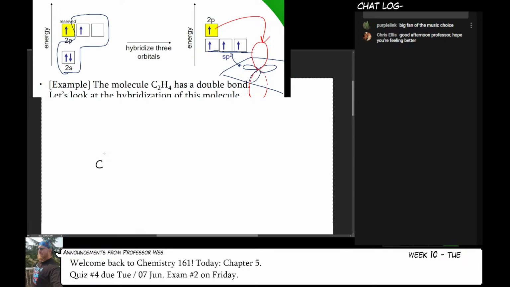So here's our carbon, and I've got an orbital going like this. Actually, let's do the front orbital first, like that, and then an orbital going like that. So these are all in the plane.